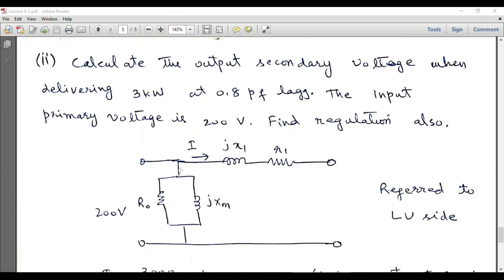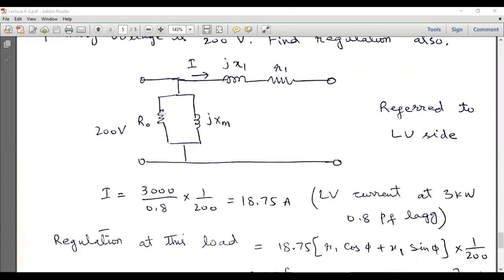So this is again the approximate equivalent circuit of the transformer referred to the low voltage side, and we have already calculated these parameters referred to the low voltage side, and the voltage at this low voltage side is 200 volts.